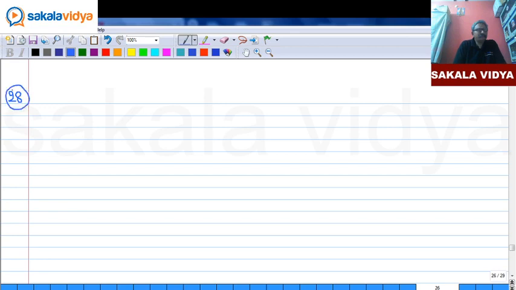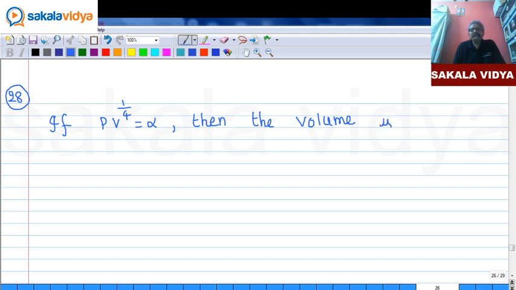Question number 28. If PV to the power of 1 by 4 equal to C, adiabatic process, gas law, then the volume is decreased by 1 by 2%.